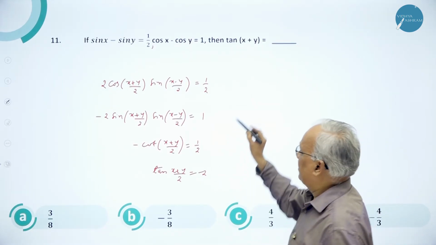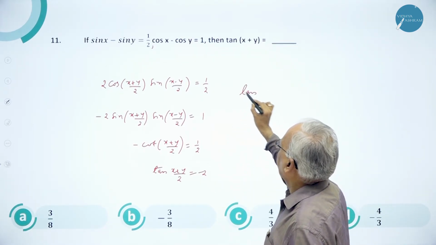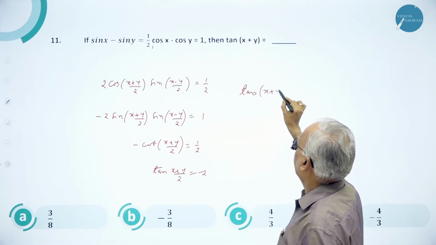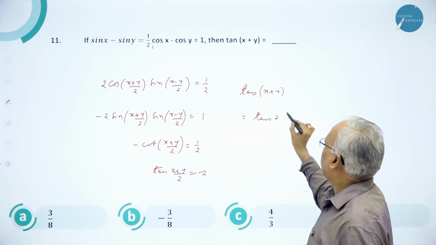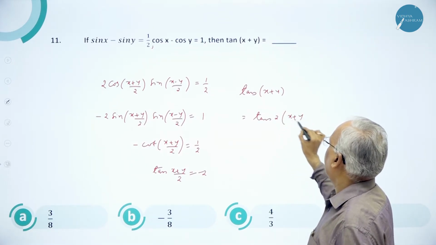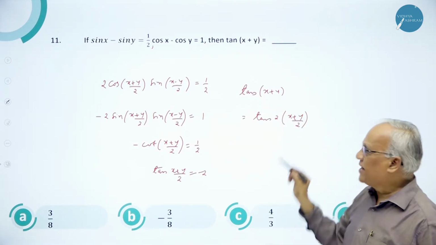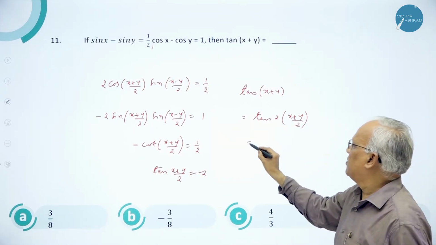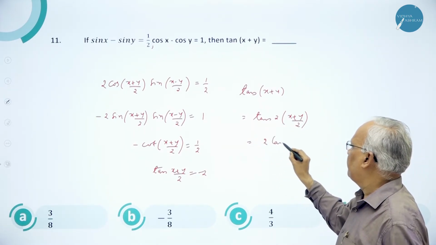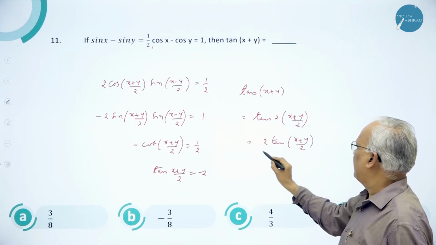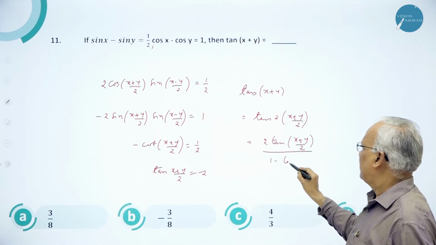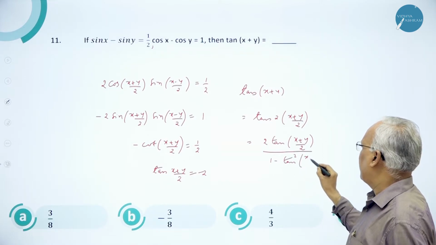So once you know this, you can write tan (x plus y), which is what we need. I can write it as tan of 2 times (x plus y) by 2. It looks like tan 2 theta. So it is equal to 2 tan (x plus y) by 2 divided by 1 minus tan squared (x plus y) by 2.